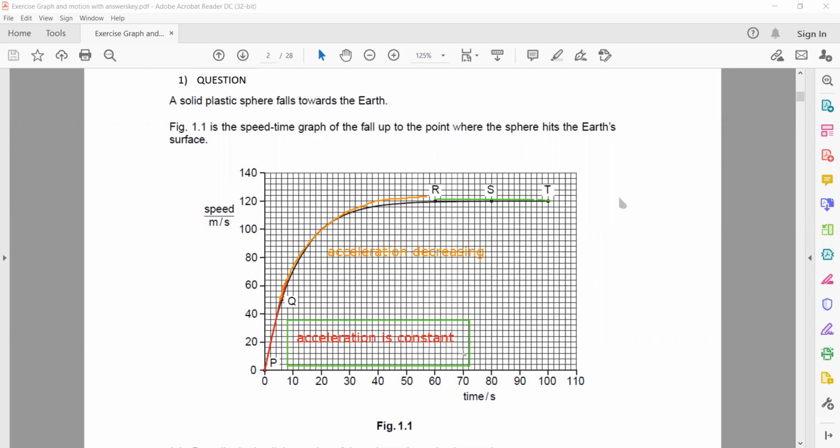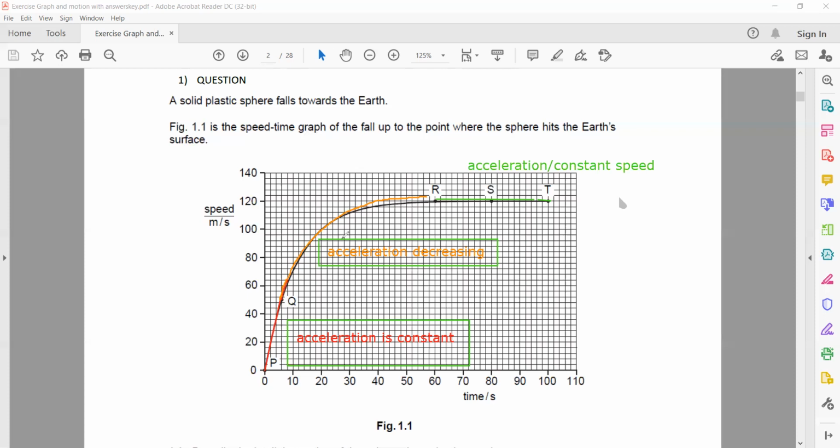The second part, acceleration is decreasing but the speed is increasing. And the third part, acceleration is 0 where the speed is constant, because when the speed is not changing, the acceleration is 0.